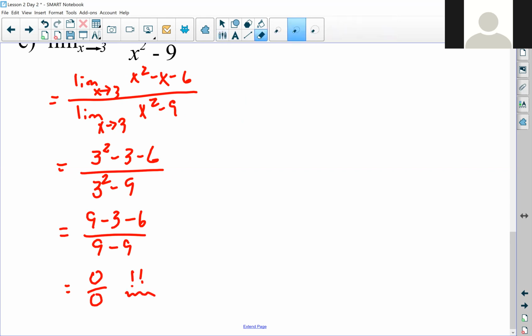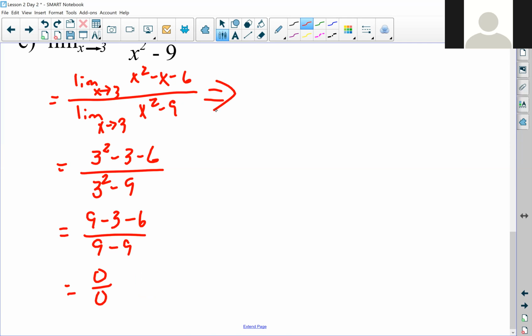Okay, bad drawing. So what we need to do is go back up to our original expression. So we're going to go up here, and instead of trying to calculate it the way it is, we're going to do some work.